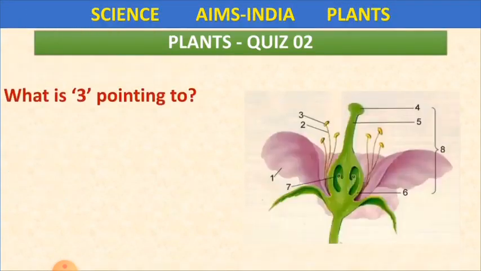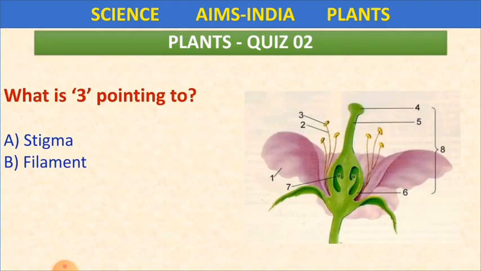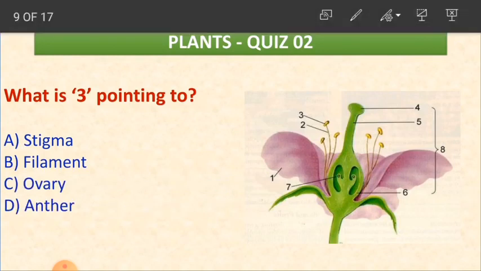What is 3 pointing to? Are you seeing this yellow color surface? Yellow color surface, and we have to identify this part. That is nothing but anther. The answer is anther.